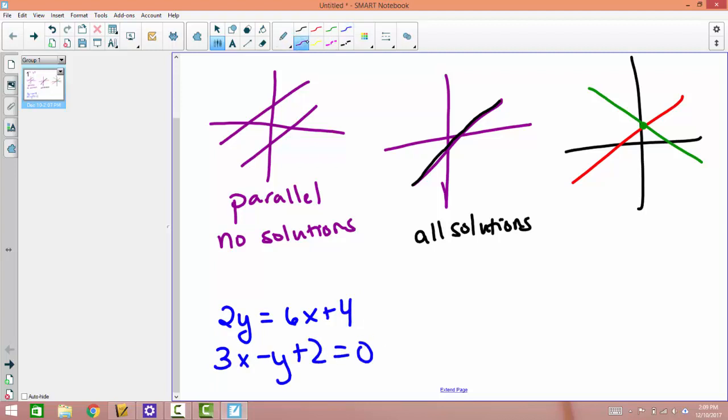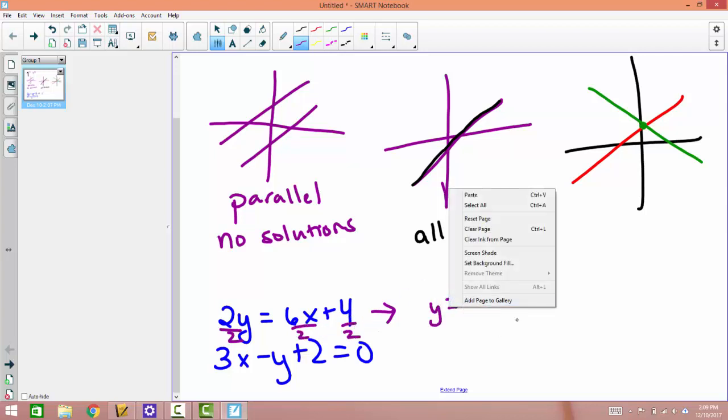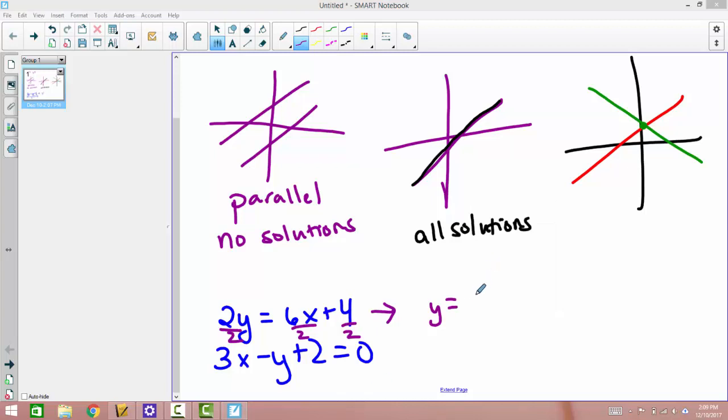So to solve this, you would need to possibly put them in y equals mx plus b. So for the top one, you would divide everything by 2 to get the y alone. So y equals 3x plus 2.